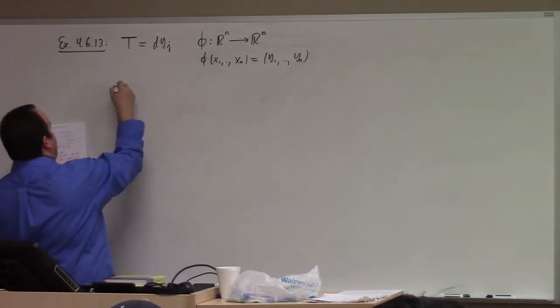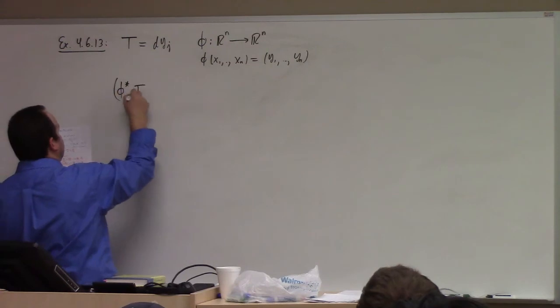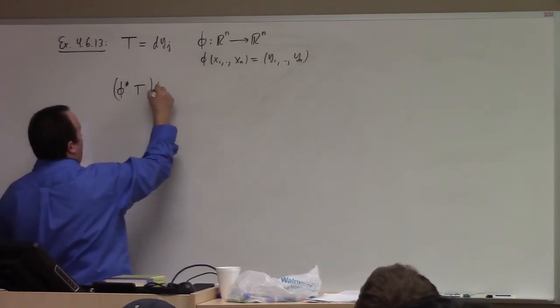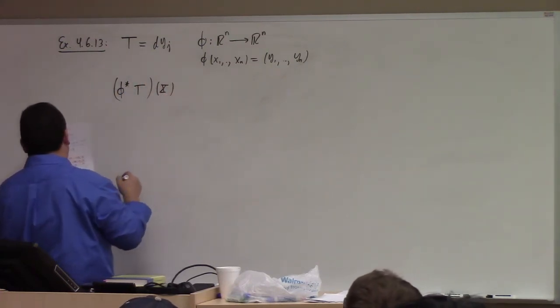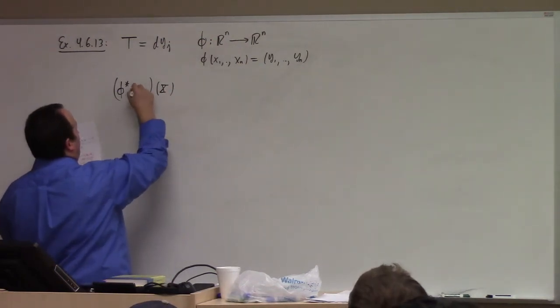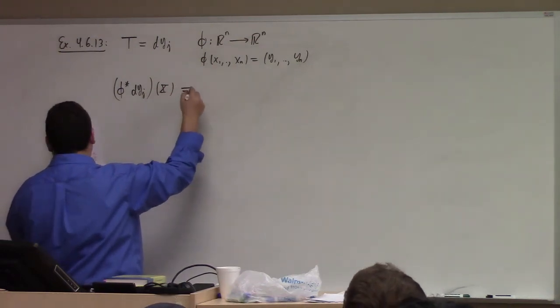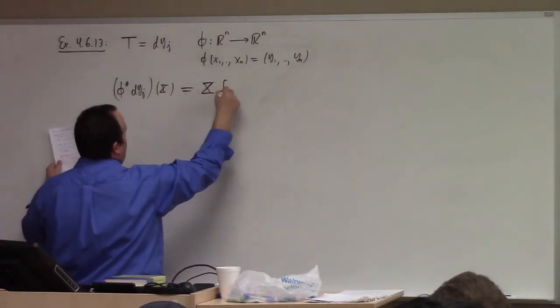Anyway, the pullback under phi of this tensor, dyj acting on x, you work it out, and what it actually is, let me just write down what it is. The pullback of dyj acting on x is equal to x acting on yj.